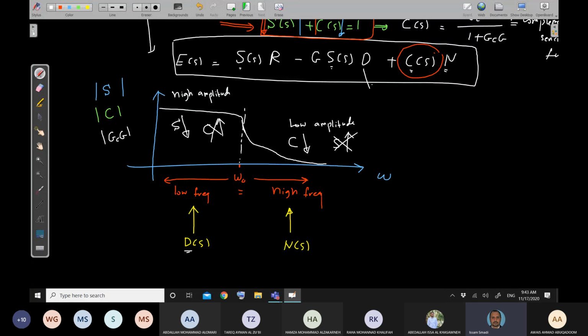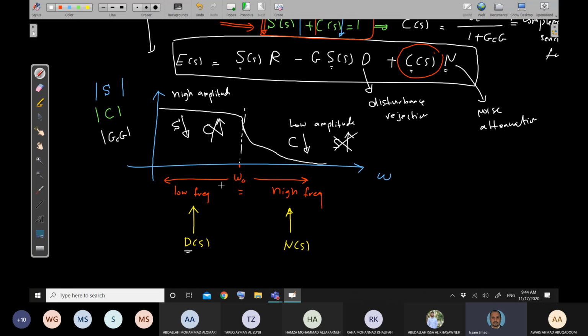Canceling the effect of the disturbance is called disturbance rejection, and canceling the effect of the noise is called noise attenuation, because they are characterized in different frequency ranges.